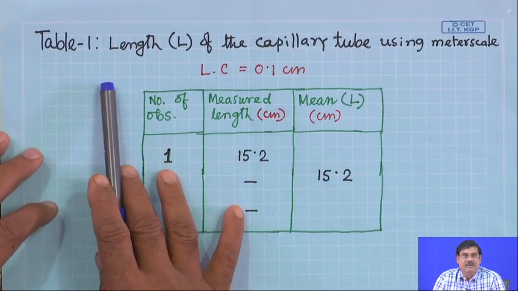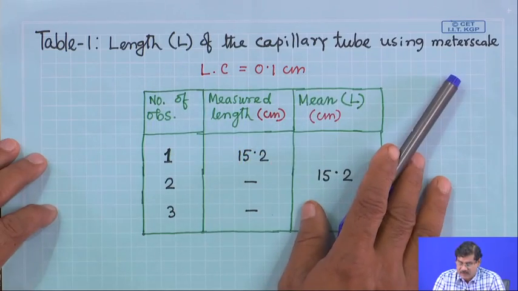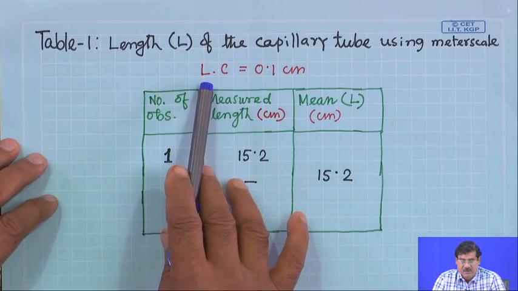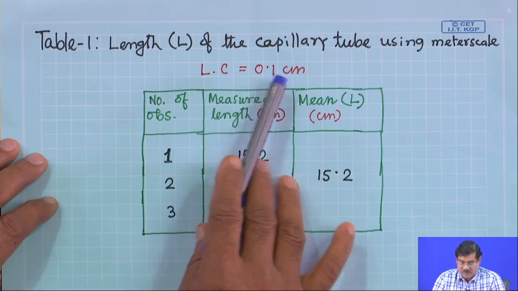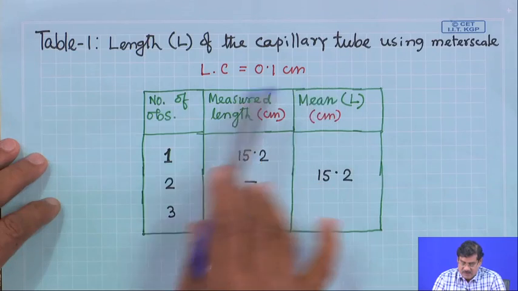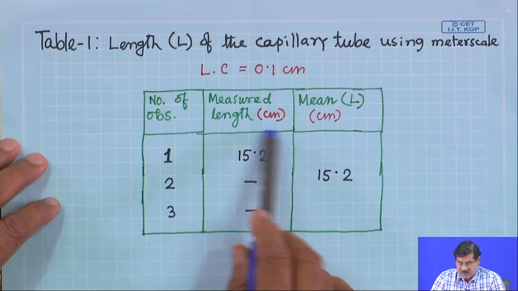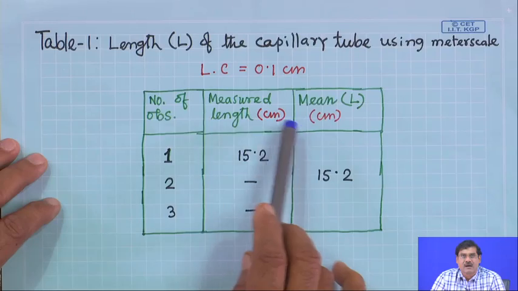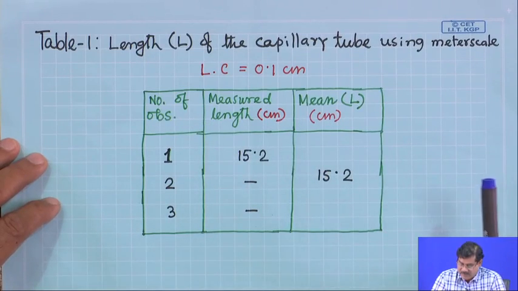So, this Table 1 is basically the measurement of length of the capillary tube using meter scale. As I mentioned for the other experiment, one has to write the least count on top of the table, that is 0.1 centimeter. Now, it is a very simple table. We have taken these 3 observations. Write them and take the average mean value. Length is basically say 15.2 centimeter.